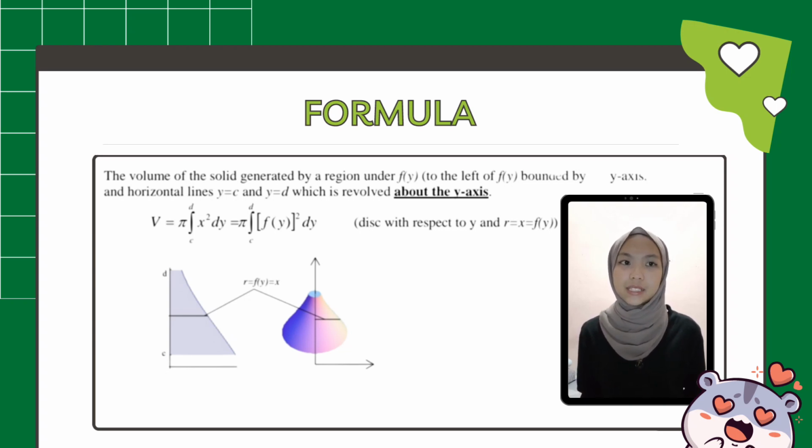This formula is kind of the same as the one for the x-axis; you only have to use different letters. For the y-axis, V equals pi integrate with the limits d and c of x squared dy, equal to pi integrate with the limits d and c of f of y, closing bracket to the power 2, dy.